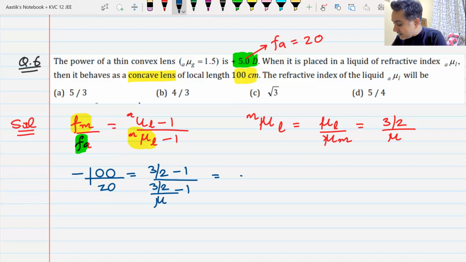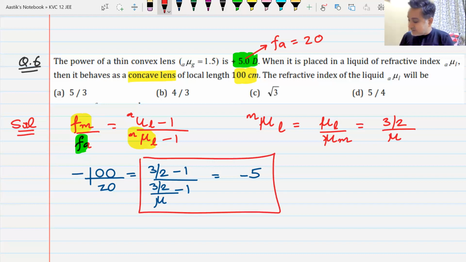On the left hand side, I have minus 5. On the right hand side, in the numerator, I have 1 by 2. I leave it at this and I ask you to solve it. You can do this, na? This is a simple calculation, bacha. Yes, sir. Can you tell me the answer, dear?